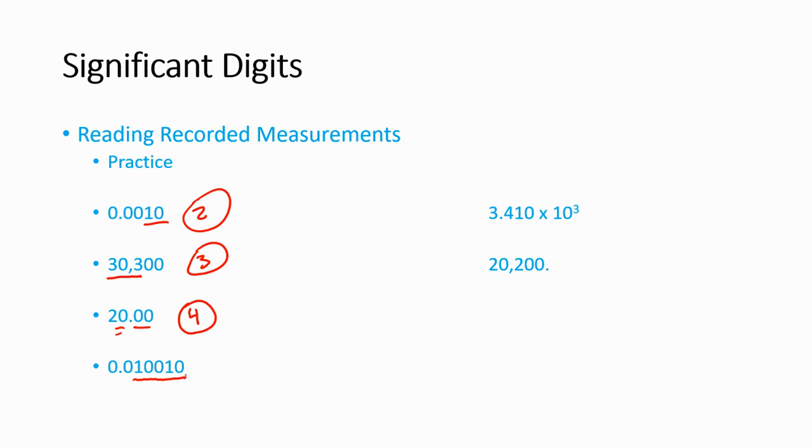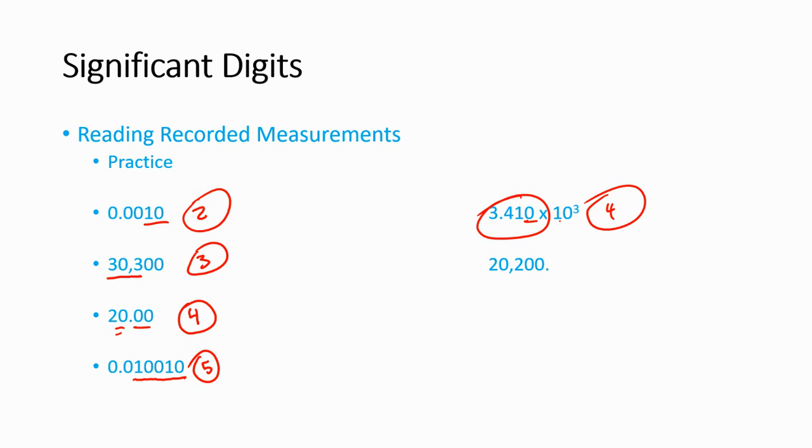0.010010. The last 5 digits are significant. The two zeros are trapped. We also have a zero at the end of the number that is to the right of the decimal and to the right of a non-zero. Significant, or I should say, scientific notation. Just look at the mantissa. This zero is to the right of the decimal and to the right of a non-zero.